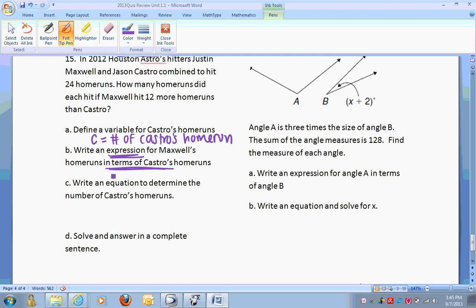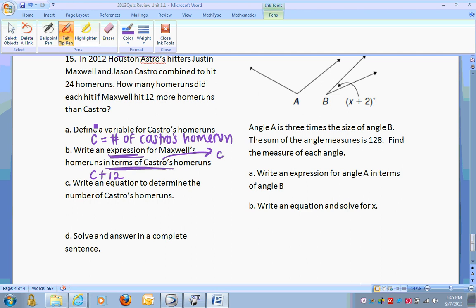The term we use for Castro's home runs is C. So an expression for Maxwell in terms of C is C plus 12, because it says Maxwell hit 12 more home runs than Castro. So that's Castro's home runs plus 12.